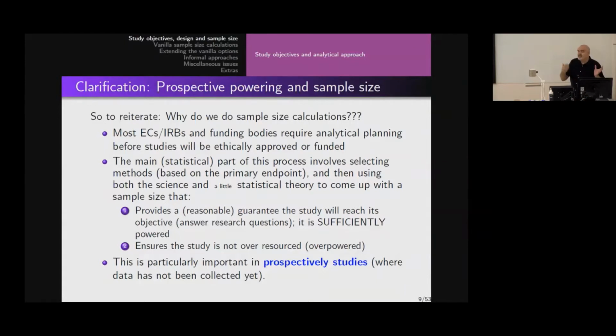This is a calibration process, remember, using the science and a little bit of statistical theory to come up with a sample size that, one, provides a reasonable guarantee that the study will reach its objectives. We can answer our research question. So it is sufficiently powered. It's powered enough. And two, to ensure that the study is not over-resourced, because if you're talking about NHMRC, that's taxpayer money, yada, yada, yada.